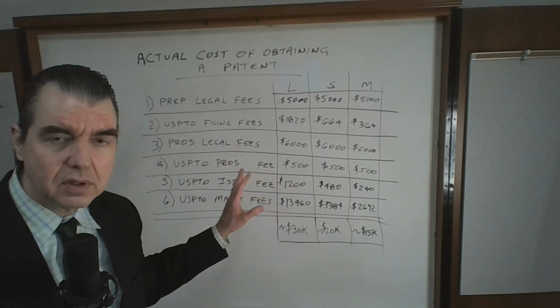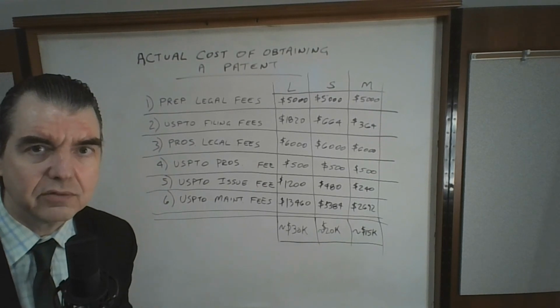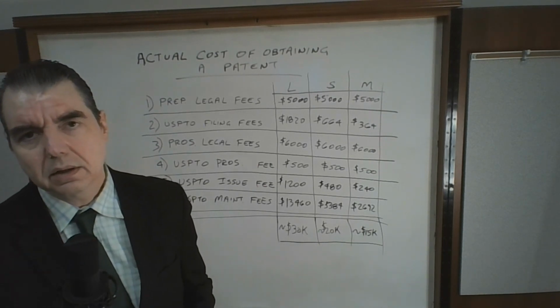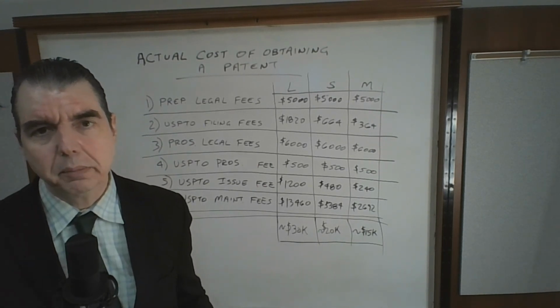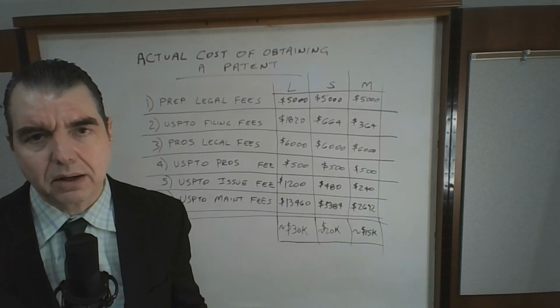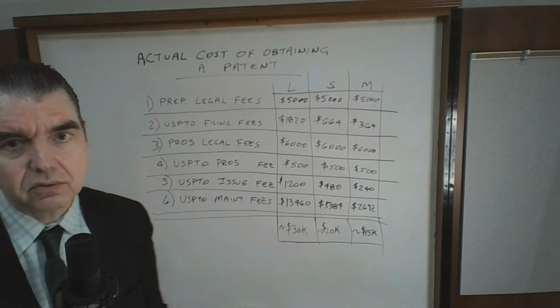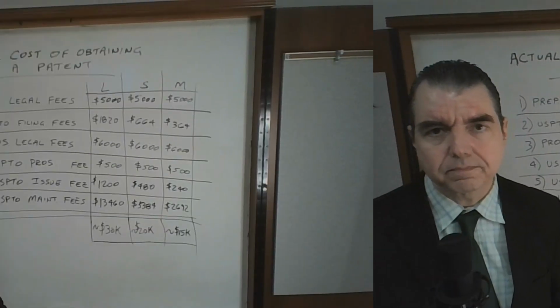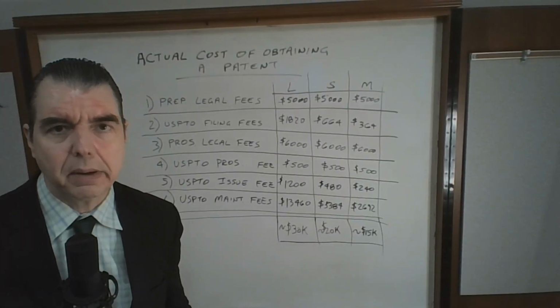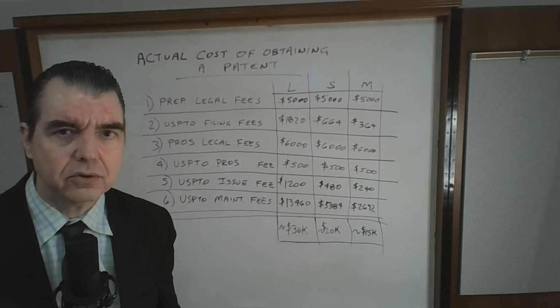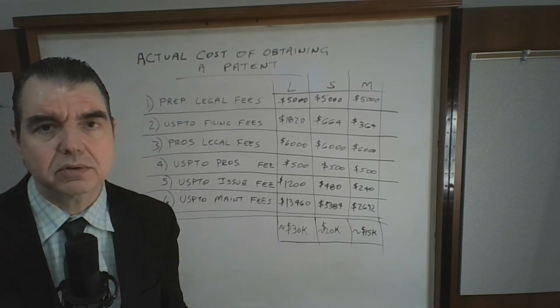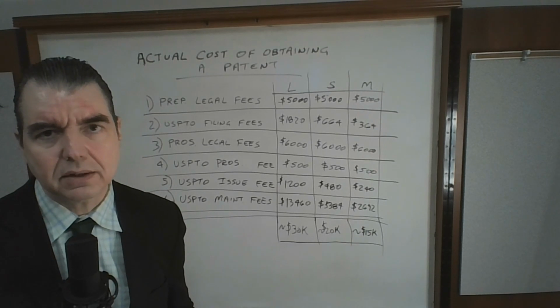These are just to give you kind of a ballpark understanding of what it costs from the initial preparation of the patent application, filing it, prosecuting it, getting it allowed, and then having to pay the maintenance fees at the end. And of course, the maintenance fees, you might not pay all the maintenance fees depending on how valuable the patent turns out to be, and you may not find that out until later, and you may make a decision not to pay all the maintenance fees.